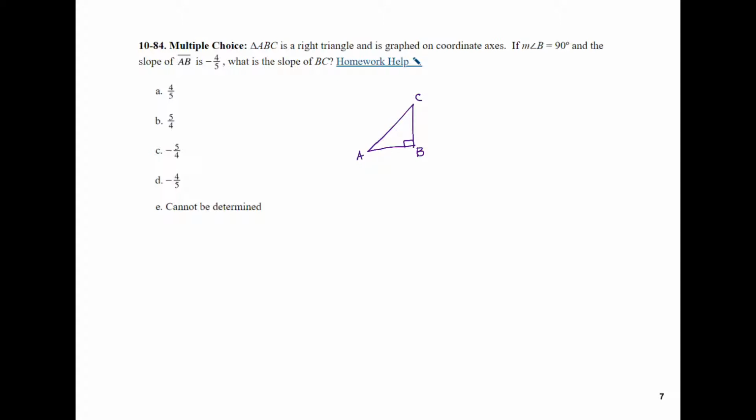I know that AB has a slope of negative 4/5. They ask us what is the slope of CB. Well, knowing that these lines are perpendicular, I know my slopes need to be opposite reciprocals. So the appropriate answer, or opposite reciprocal of negative 4/5, is positive 4/5, which is B.